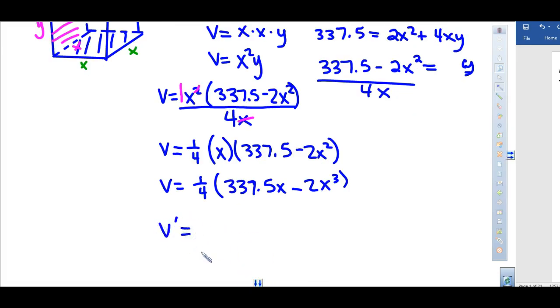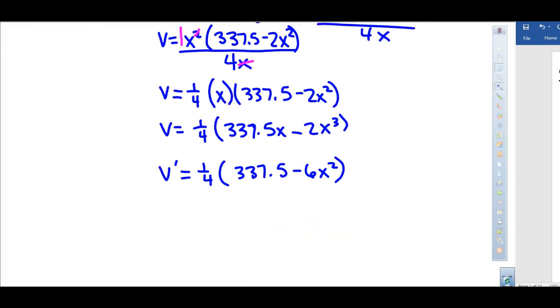So my derivative for volume is going to be 1/4 times 337.5 minus 6x squared. So when I set this equal to 0, I'm really just going to have to set this part equal to 0, because that's the only factor that has an x in it.